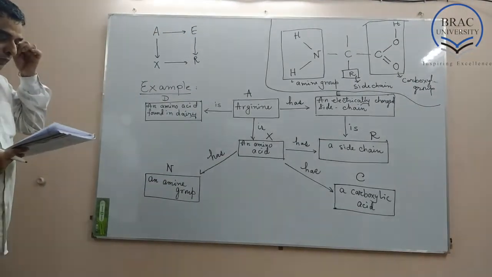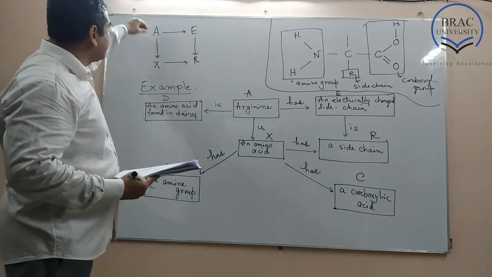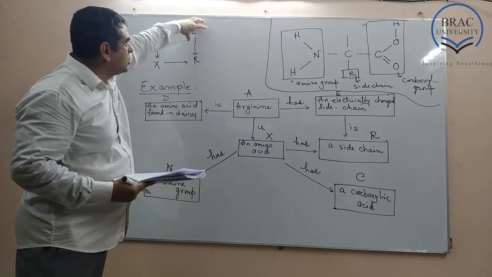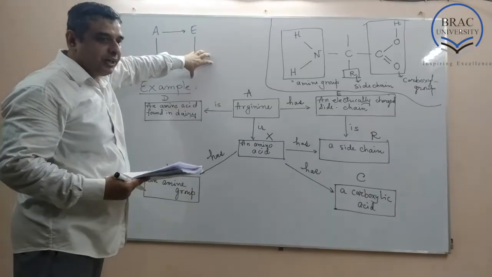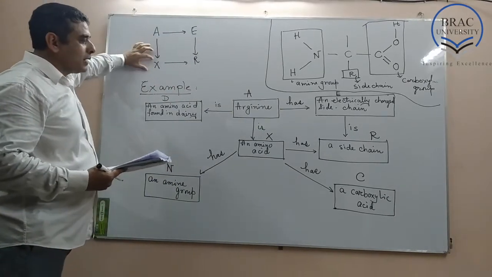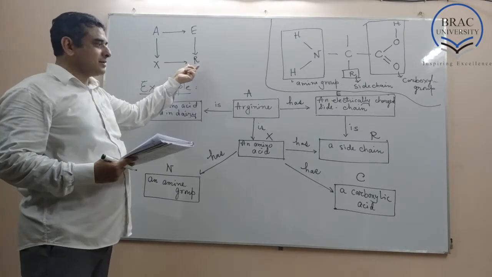And what does it mean? This diagram tells you that arginine has an electrically charged side chain, which in turn is a side chain here. And arginine, on the other hand, is also an amino acid, and an amino acid also has a side chain.